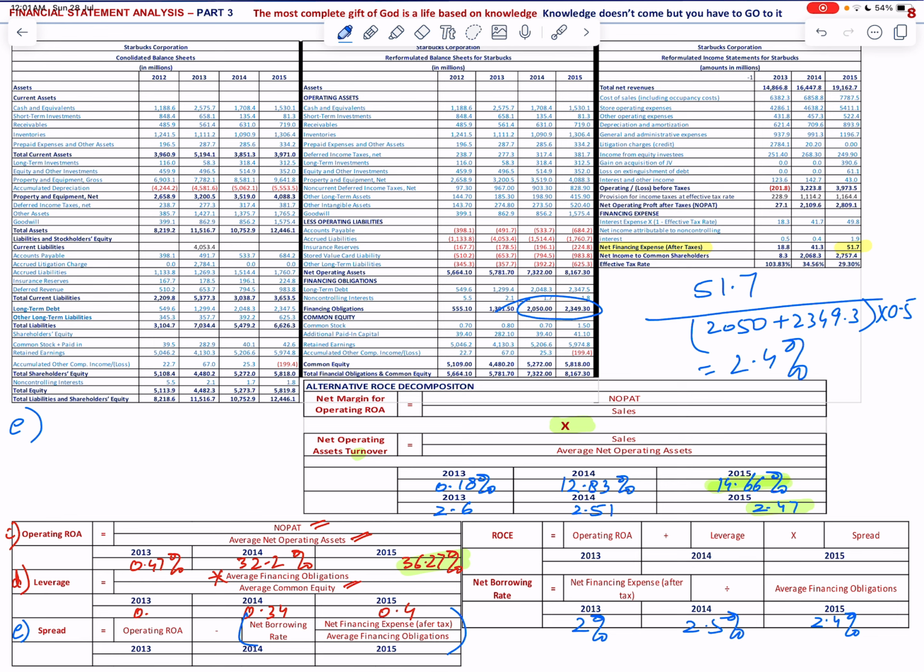Okay. So we have the operating return on assets. We have calculated the operating return on assets just now, that is 2809.